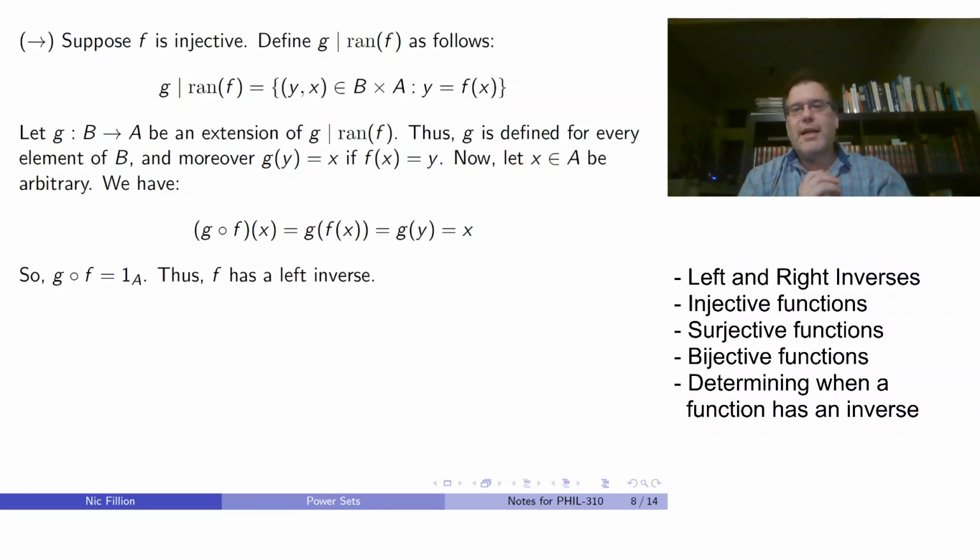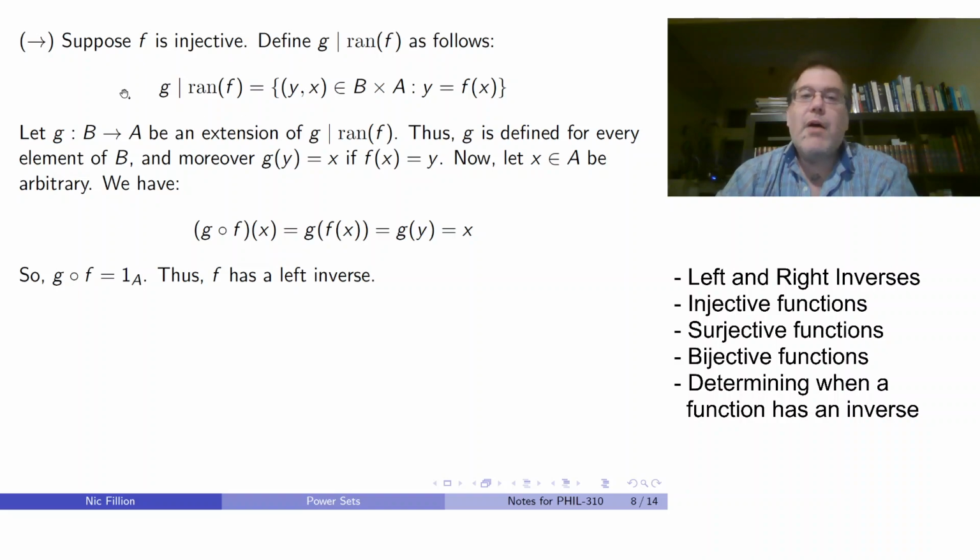And we're going to make sure that for the restriction of g that applies to the values of the function f, if we just switch the order of the elements in the ordered pair, it gives us what we want, namely that g undoes f for all those elements that f gives us when we apply it to an element of its domain. So g restricted to the range of f is just going to be the inverse relation of f. Okay, so the pairs (y, x) in the Cartesian product such that y equals f of x.